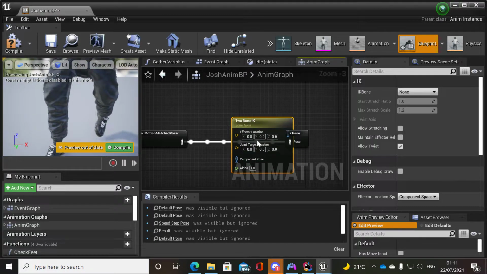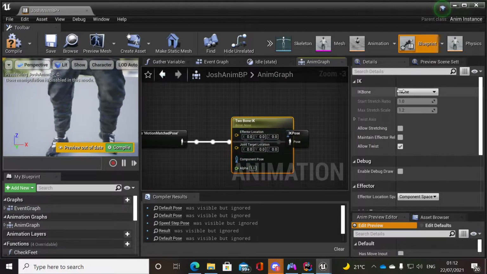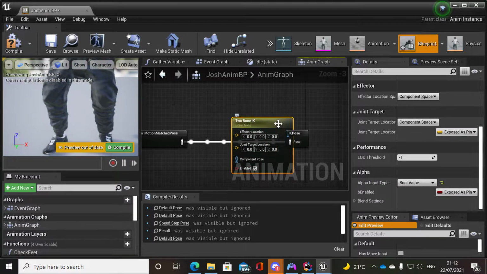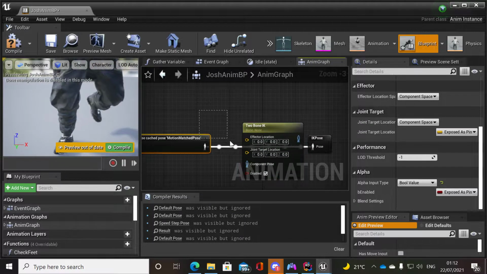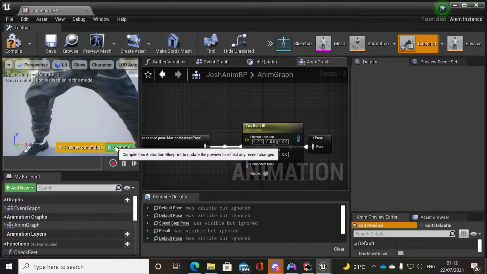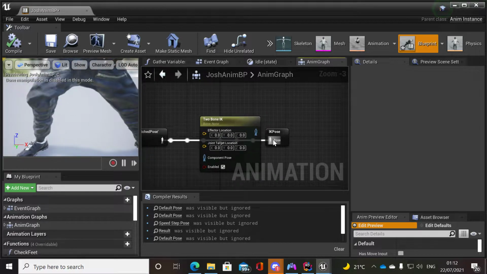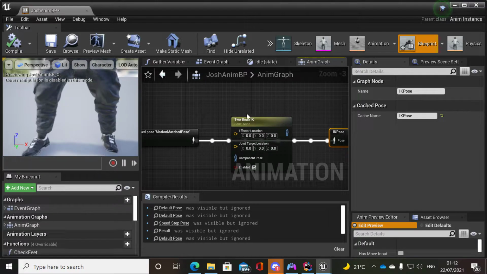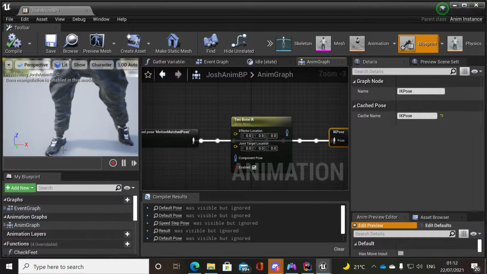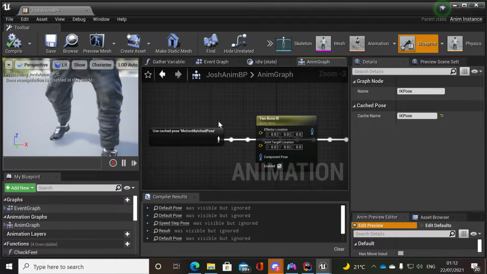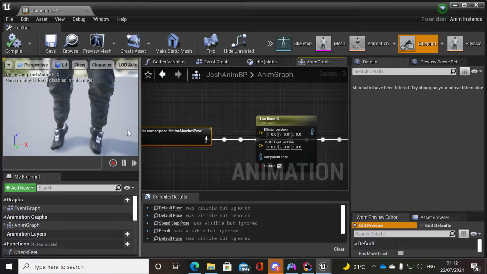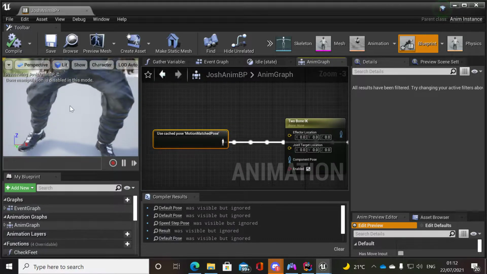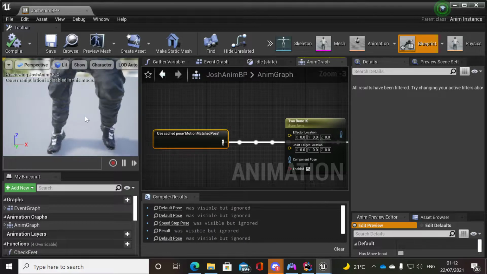So for the alpha value, instead we set this to a bool, and we said we only want to enable the two bone IK if the distance from the collision to the foot is 0 or something, which means we enable IK when the foot has hit the ground, not when it's in the air, if that makes sense.